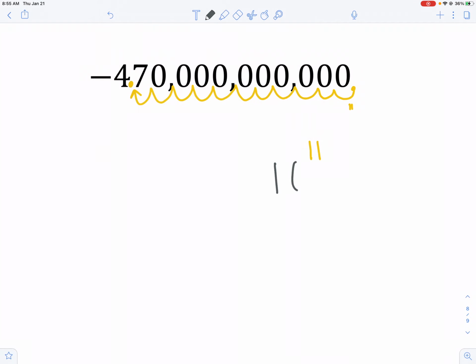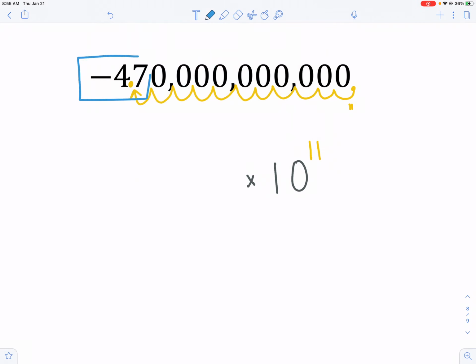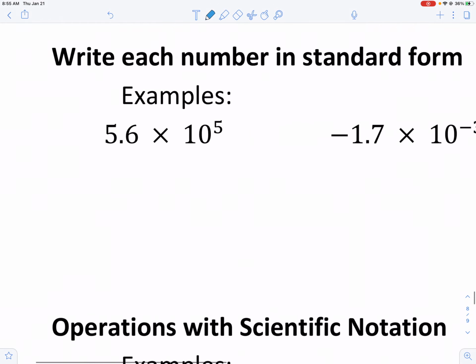Now we said it was positive because the absolute value of that is a really big number, 470 billion. It's not a decimal. Times, and then the number itself is going to be negative 4.7. And so in scientific notation, it's going to be negative 4.7 times 10 to the 11th. So that is moving from standard form to scientific notation.